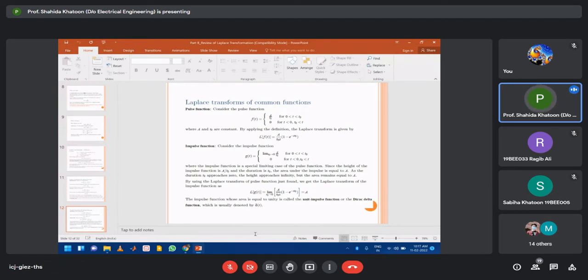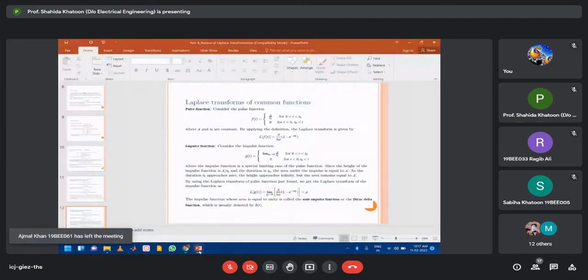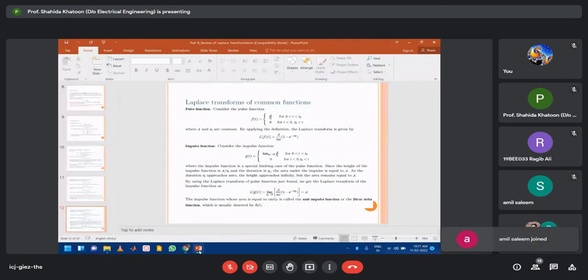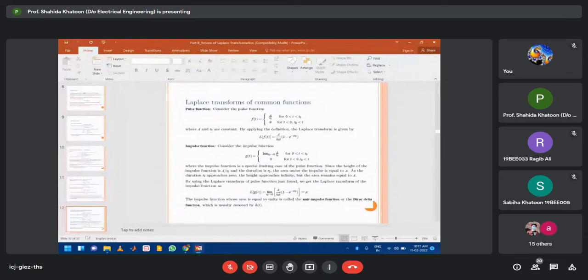It is described mathematically like this.